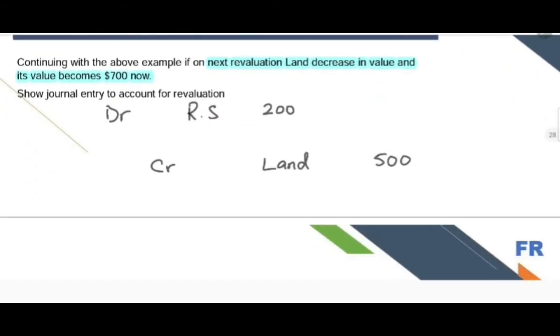In the second year, when the value of the asset has decreased, such revaluation surplus is reduced to nil by debiting it. The further decrease in the value of the asset would be recorded in the statement of profit and loss as an expense. That would be the entry for recording a subsequent revaluation decrease.